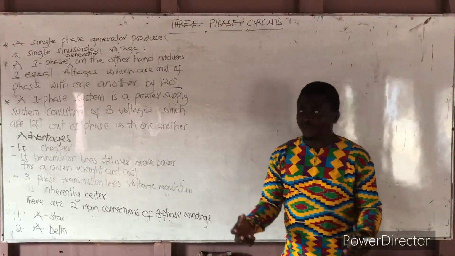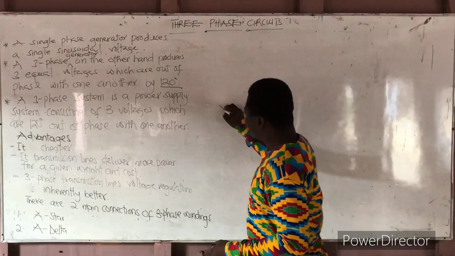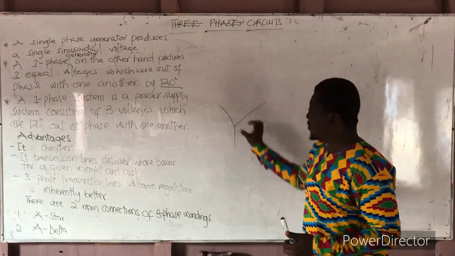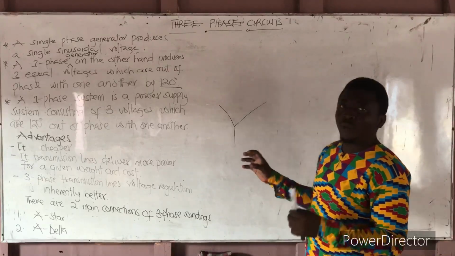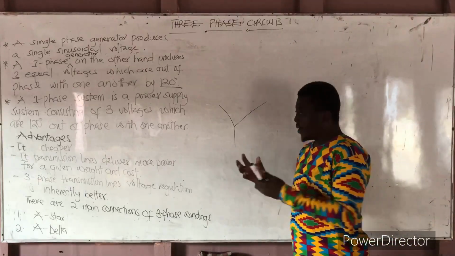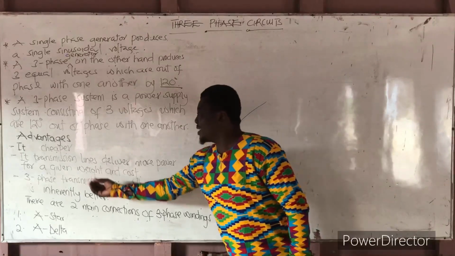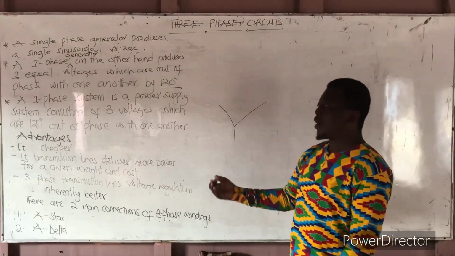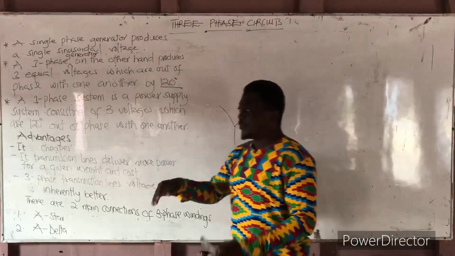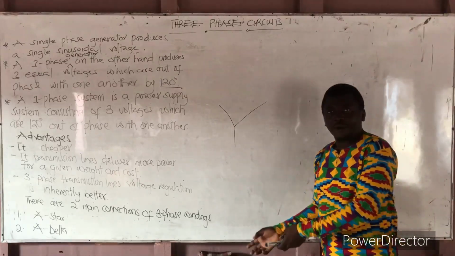The reason why they say it gives more power is that three phases will be working, each phase working as an individual single phase. At the end, their power is going to be joined together. That is why they are saying that it delivers more power at a given weight and cost. The cost and weight that you give to a single phase may give you a certain amount of watts of power.